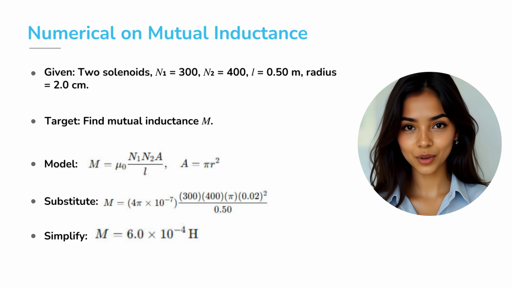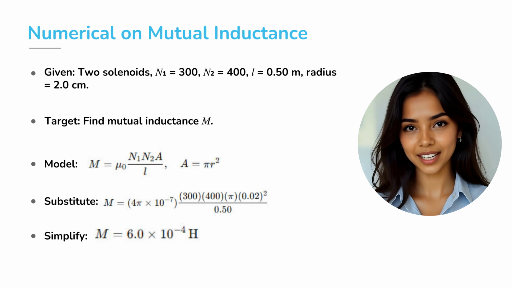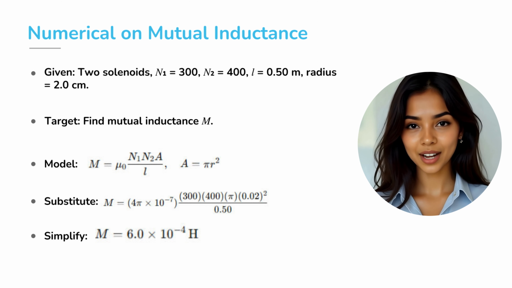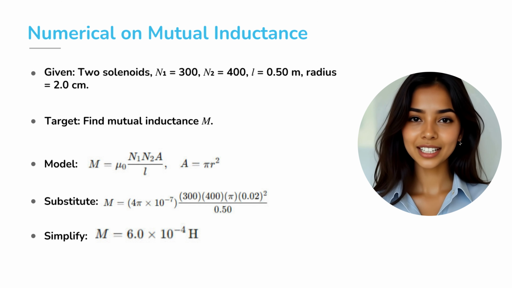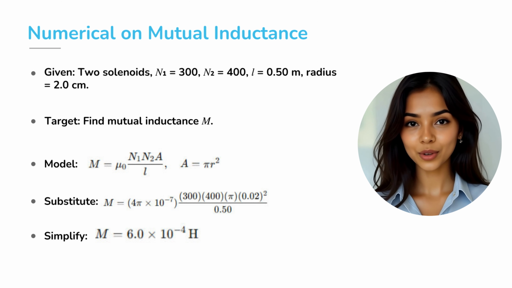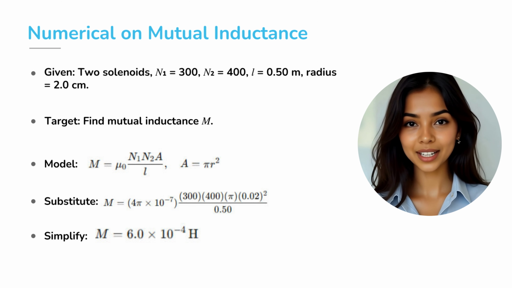We start with the formula M equals mu naught N1 N2 A divided by L. The area A is pi r squared. Now substitute mu naught is 4 pi times 10 to the power minus 7. Multiply this by 300 turns, by 400 turns, by pi, by 0.02 squared.